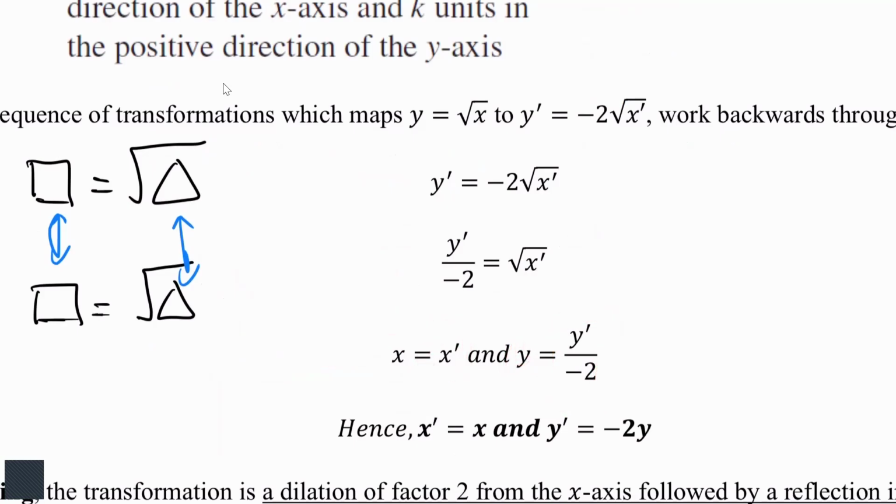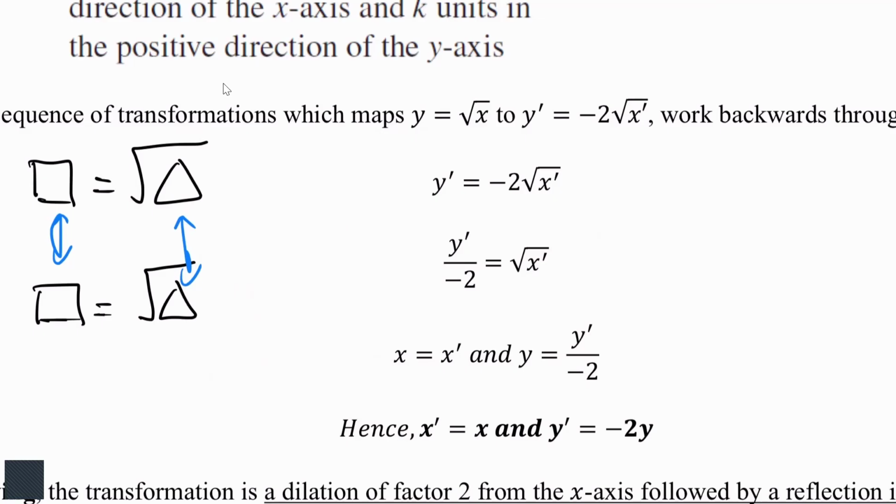When we're looking for a transformation, we are looking for how I can express the coordinate of the new function in terms of the original function, so that I can tell what operation, what number has been applied to the original variable to get the end result, if that makes sense.